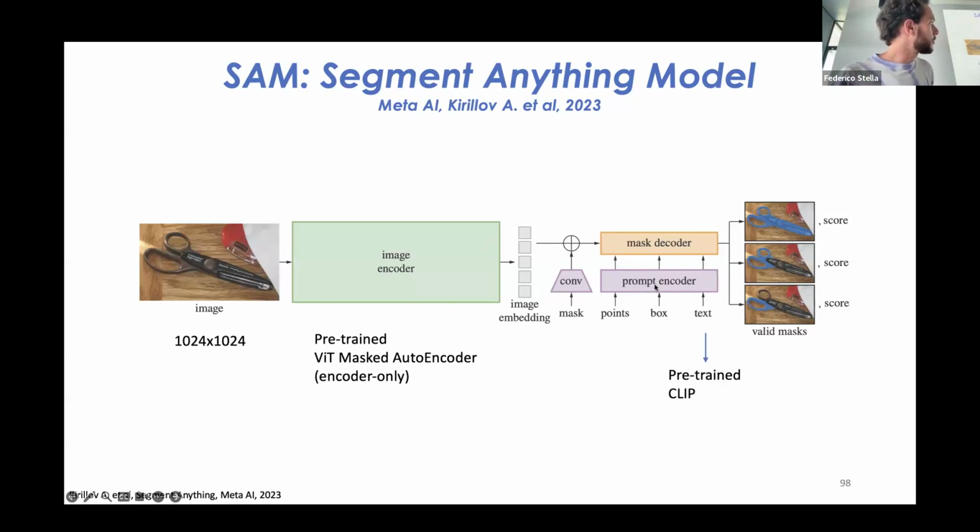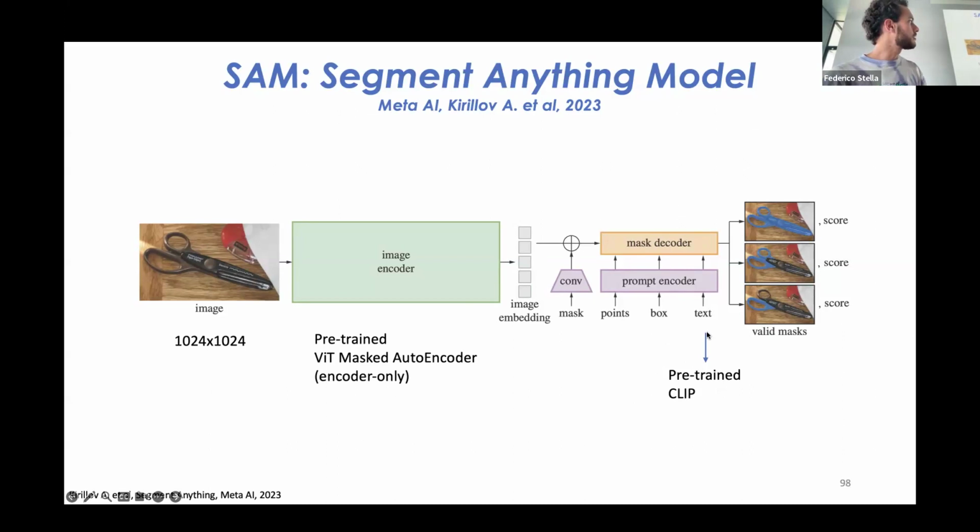And the cool thing is that you can prompt it. You can prompt it with text. They use CLIP as a text encoder. We will see CLIP next time, but it's just a way to encode text that is related to images. So they use embeddings from CLIP. I give it the text, let's say the text is scissors, and CLIP encodes the text in some latent representation, which is given to the mask decoder with the image embedding, and the mask decoder will output some mask that is related to the image and to the text that I said.